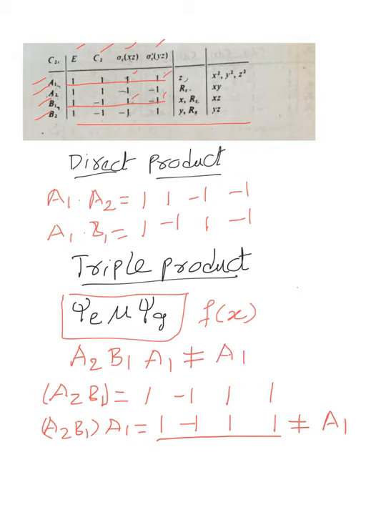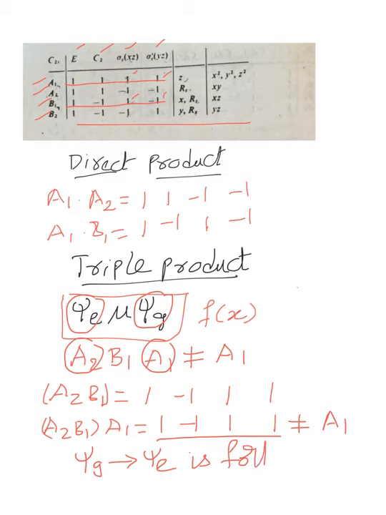Therefore the transition involving ground state with A1 symmetry and excited state with A2 symmetry is forbidden because the triple product is not equal to A1. In this way we determine whether a transition is allowed or forbidden.